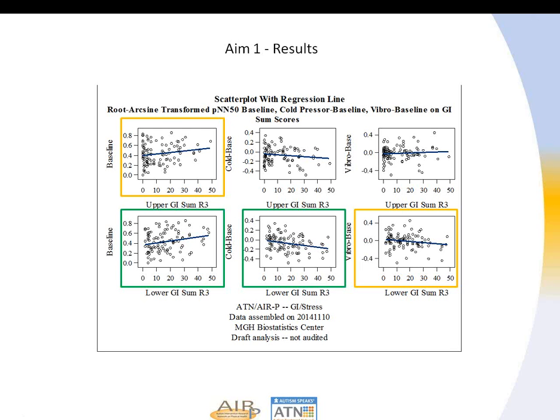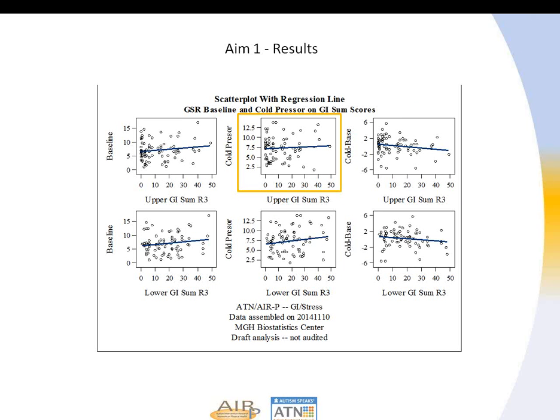For the upper GI, we also had a trend for the baseline pNN50 in the same direction. And for the cold pressor, there was a positive relationship, but it was only a trend for upper gastrointestinal symptomatology.